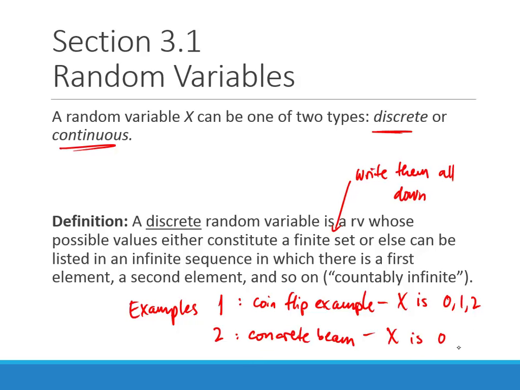Again, X was 0, 1, 2, or 3 there. So in those two previous examples, those are discrete random variables just because we have a finite set of possible outcomes. We can write them all down. Those are our discrete random variables.